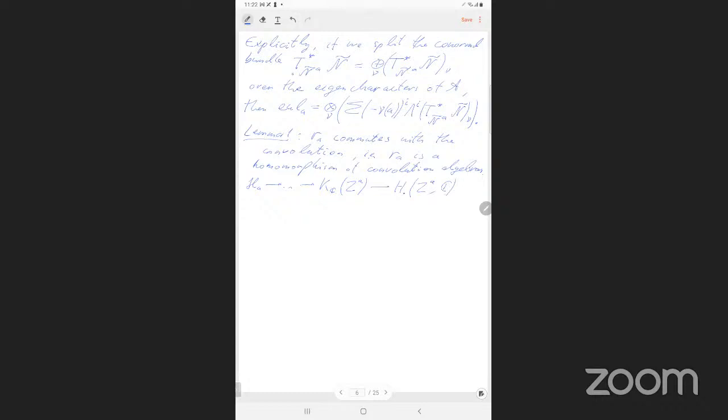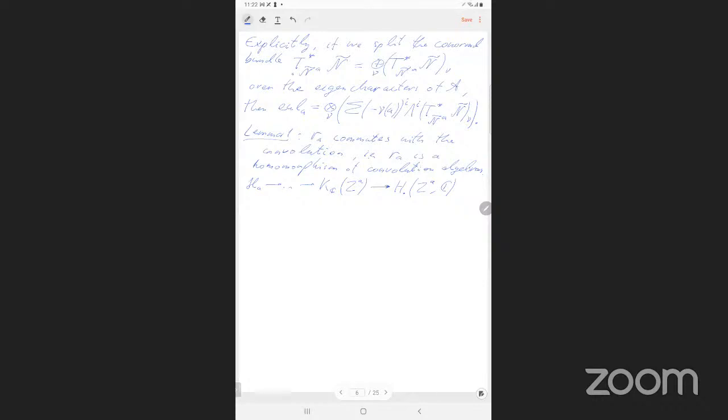We only need a homomorphism from non-equivariant K-theory to the non-equivariant Borel-Moore homology. And probably you can guess what it is. It's the sort of Chern character, or rather some Riemann-Roch morphism.